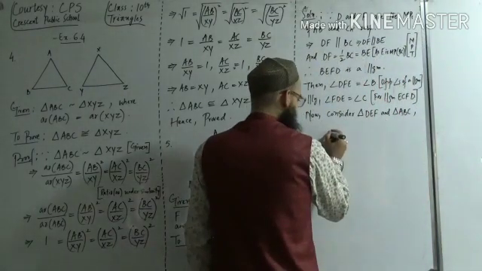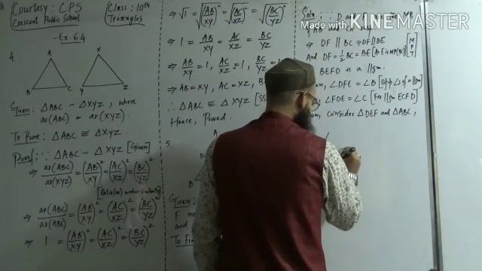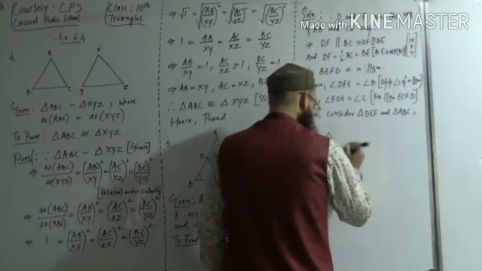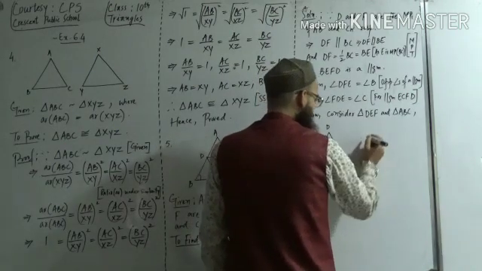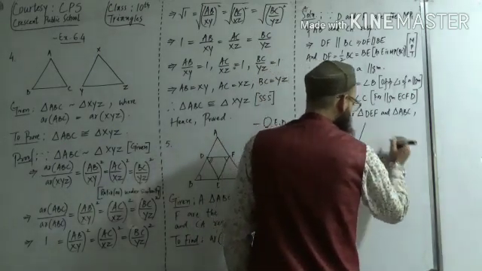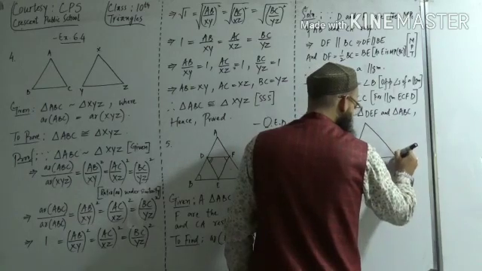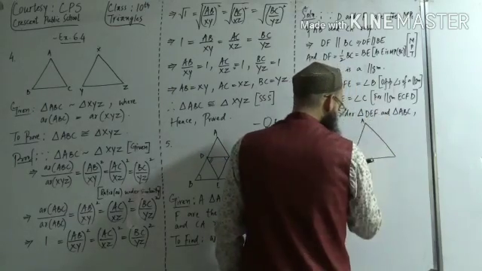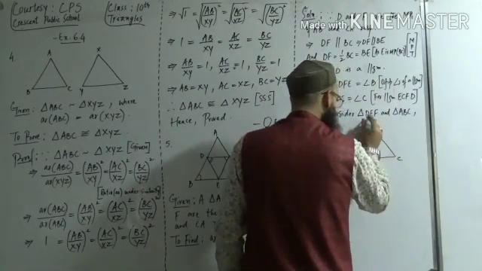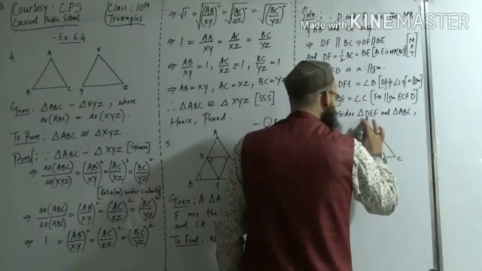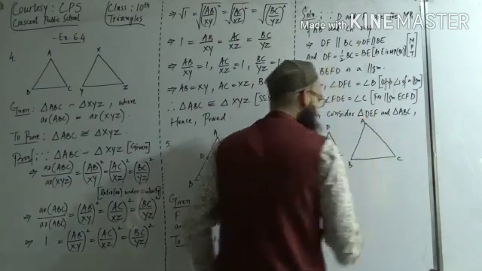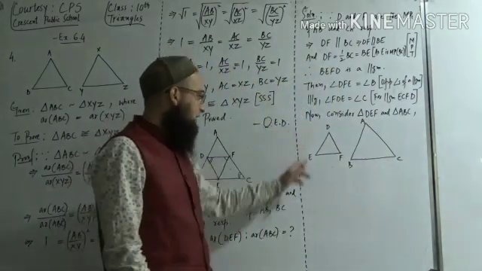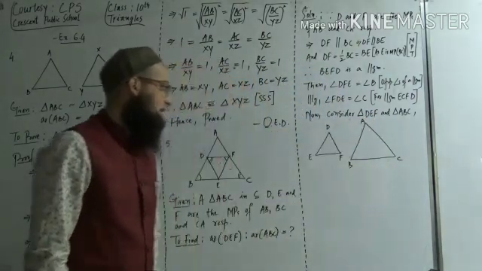You have D, E, F, and you have the bigger one, A, B, C. These are the two triangles, DEF and ABC.